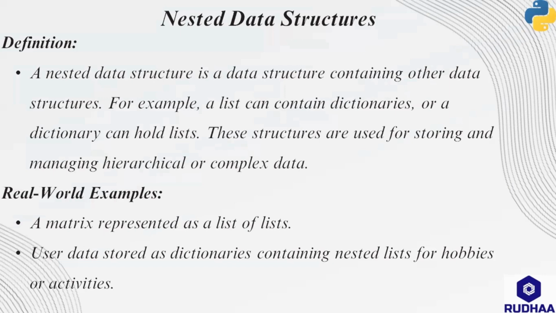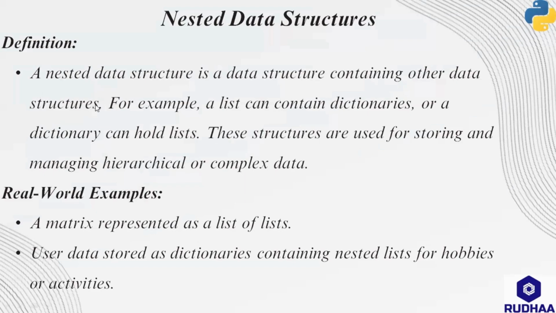Nested data structure means a data structure containing another data structure. That means a list containing another list, or a list containing a dictionary, or a dictionary containing a list, or a dictionary containing a dictionary. So these are the four possibilities where the data structures get nested.